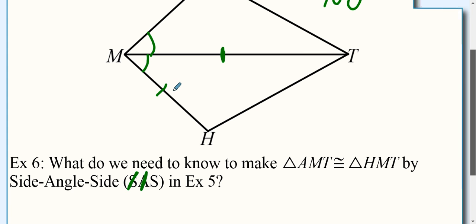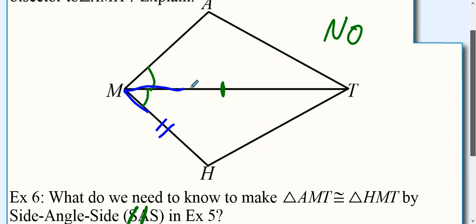So the side that makes that angle be included is right next to it. And we got the two sides and the angle in between. And then that would match up here. Here's the side, there's the angle, that's the other side.